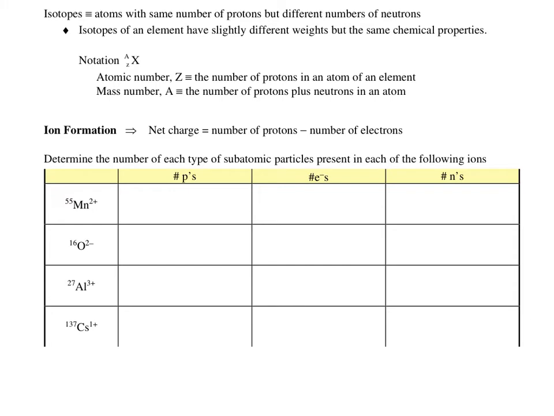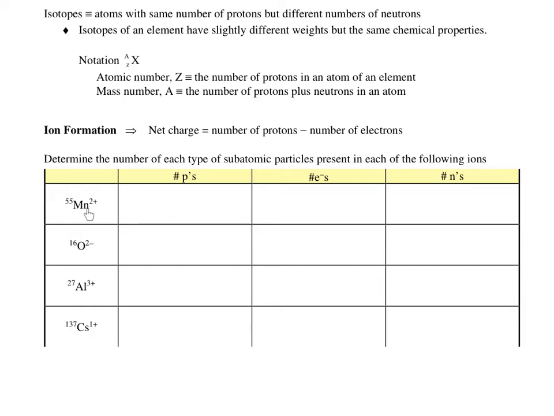Let's work through a few exercises. We want to determine the number of protons, electrons, and neutrons in each of these entities. Now, if you notice here, each of these is missing the preceding subscript. The preceding subscript is that of the atomic number. We can obtain the atomic number directly from the periodic table.